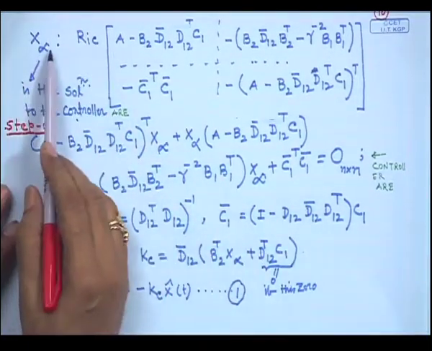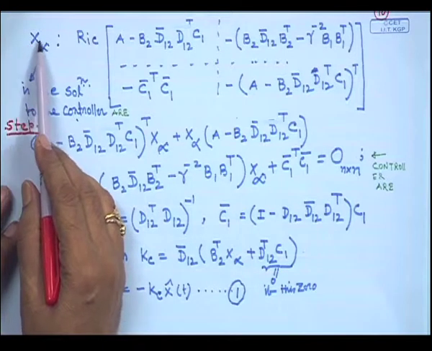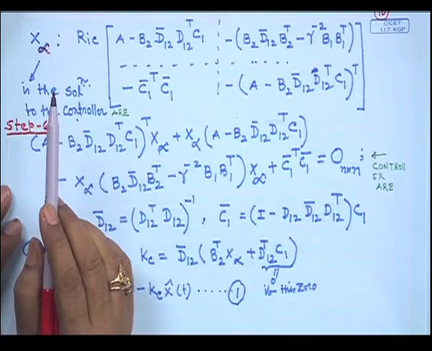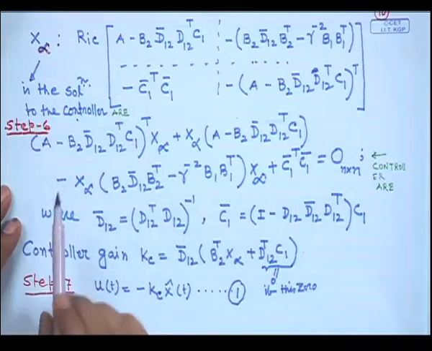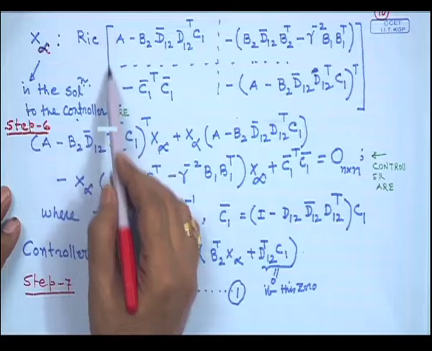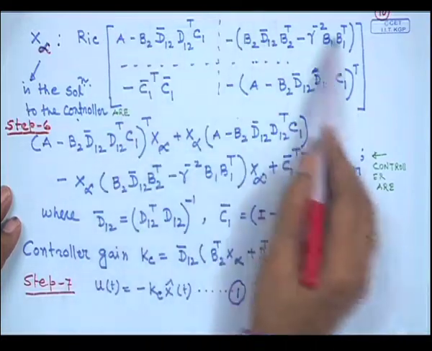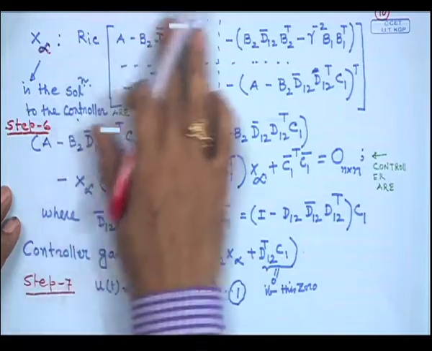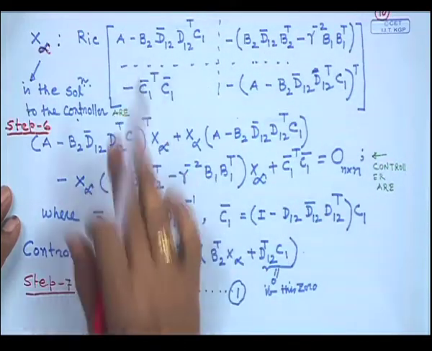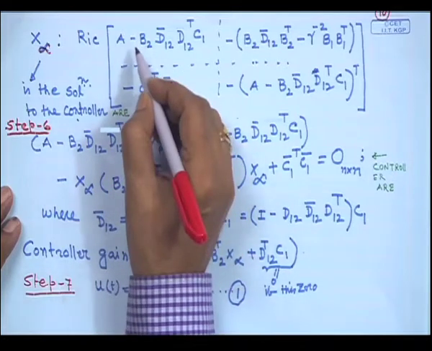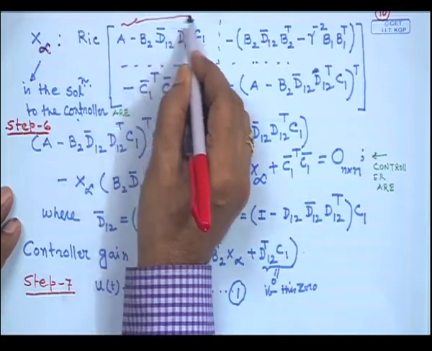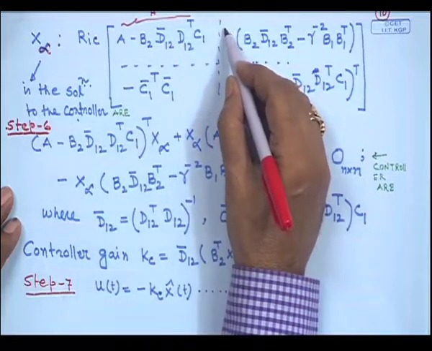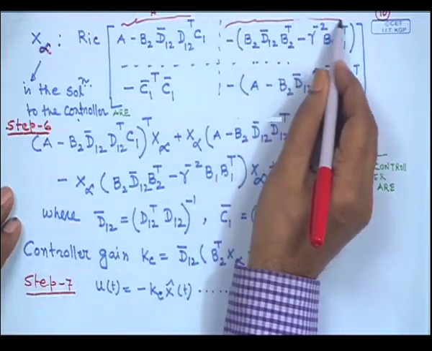So, now you see, X infinity is the solution of the Riccati equation for designing the controller. This is our Riccati equation, this is the Hamiltonian matrix, and I can form the Riccati equation from the knowledge of the Hamiltonian matrix. Equivalently, you can consider this whole thing as A, and this whole thing equivalently.